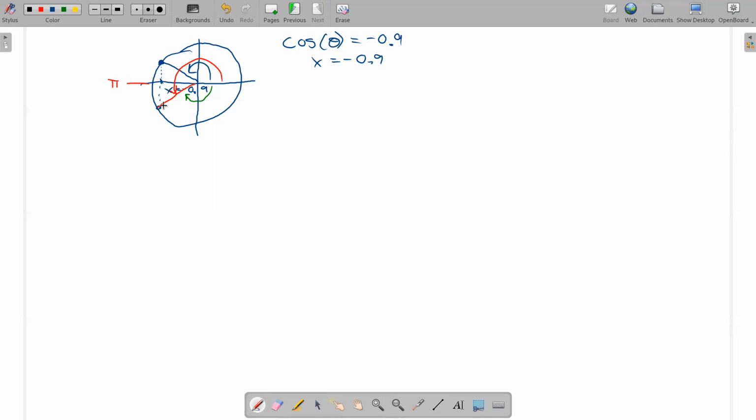One way to come up with that would be to take an angle of 2 pi, come all the way around, and then back up what the arc cosine told us to get to this point right here. So I'm going to say angle 1 is the cosine inverse of 0.9, and then angle 2, the next one in line, is going to be 2 pi minus angle 1.